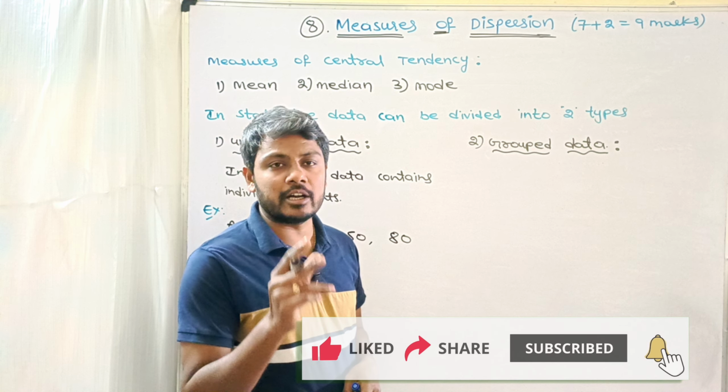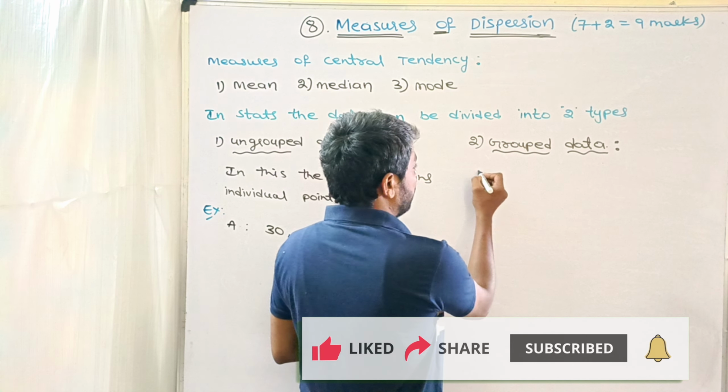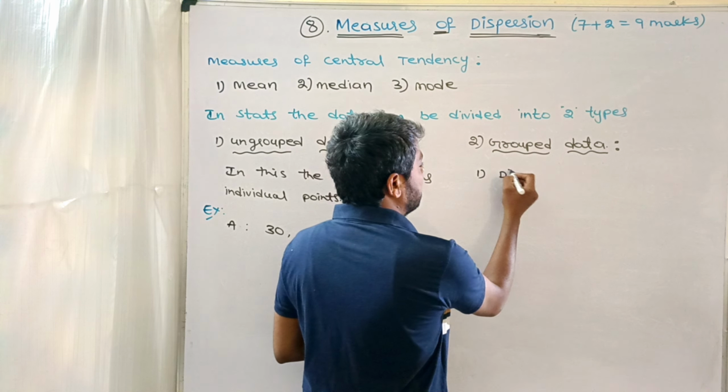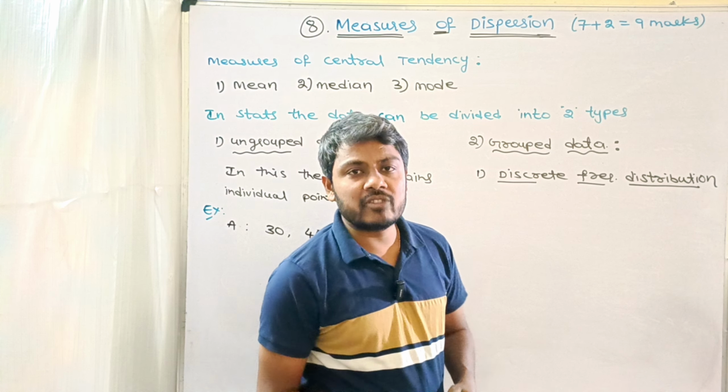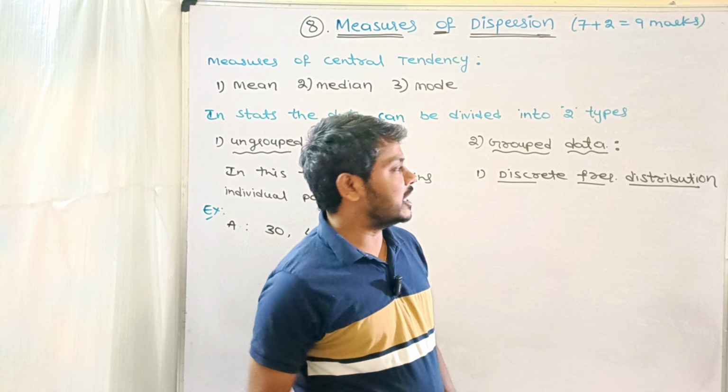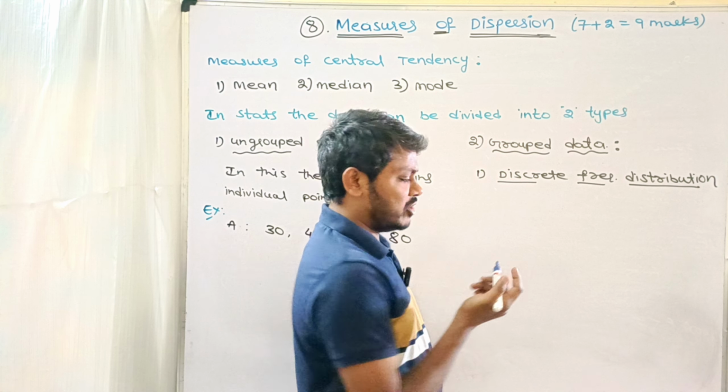The grouped data are of two types. The first one is discrete frequency distribution. Discrete frequency distribution means, let us consider any n observations.